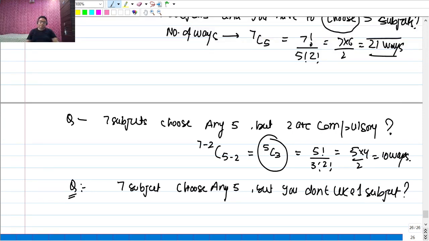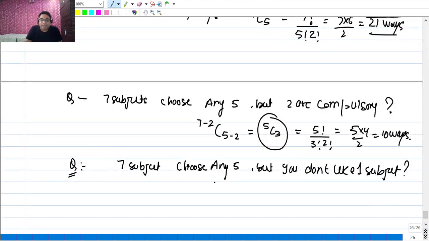In that case you don't like one of the subjects, so you are left with only 6 choices to make, to select 5. 6C5, 6 ways only.